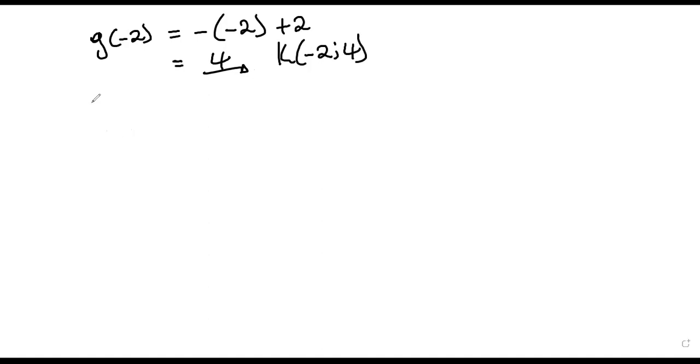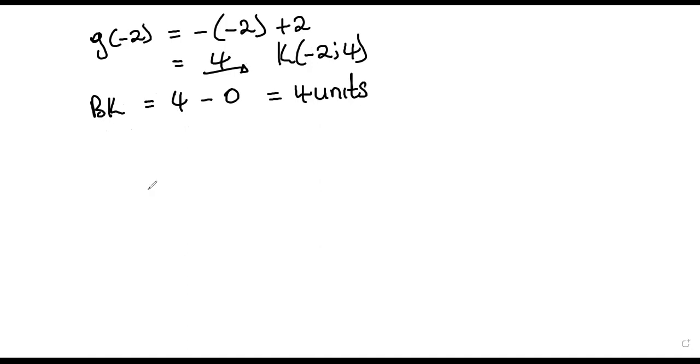So if you must find the length of BK, you understand that BK is a vertical line, so we only consider the y values. We'll say the bigger y value minus the smaller y value. So the length of BK is going to be 4 units, like that.